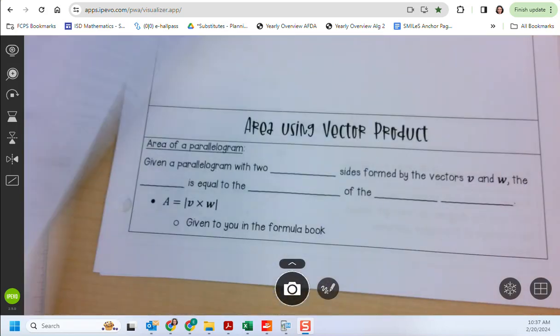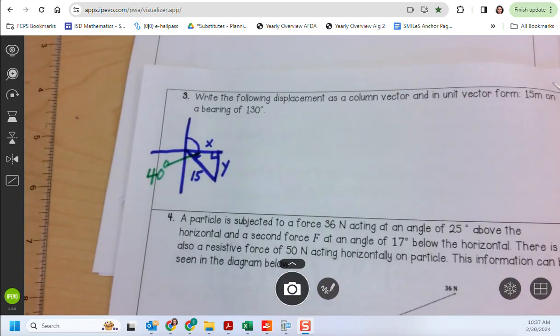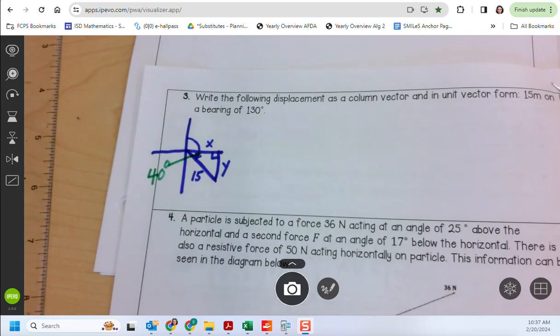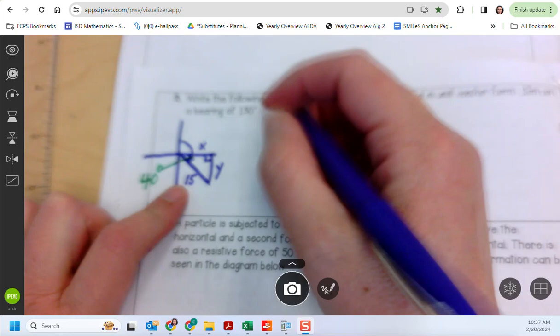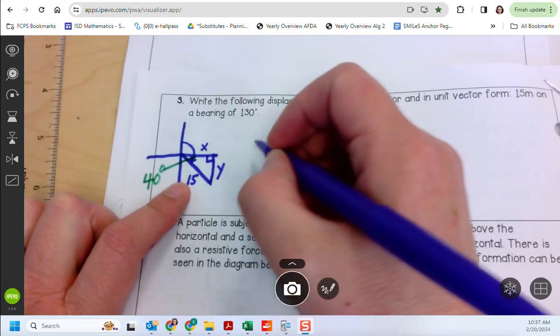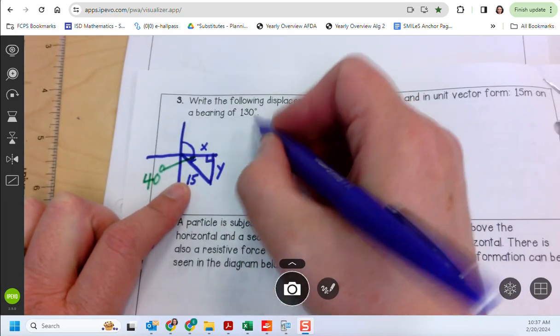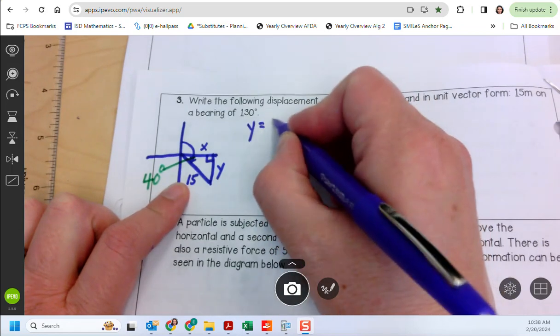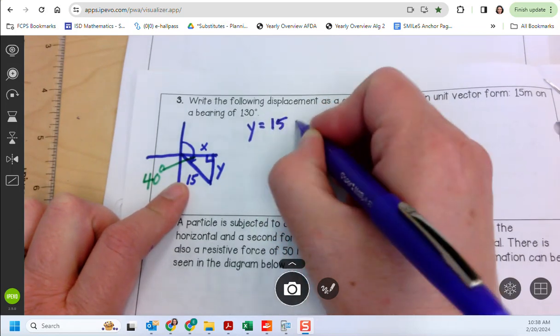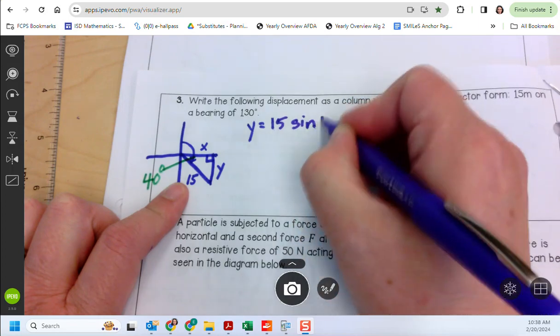And now it's very clear that we're talking about absolute value. If I want to say sine is opposite, so if I want to say the y, it could be 15 sine 40.